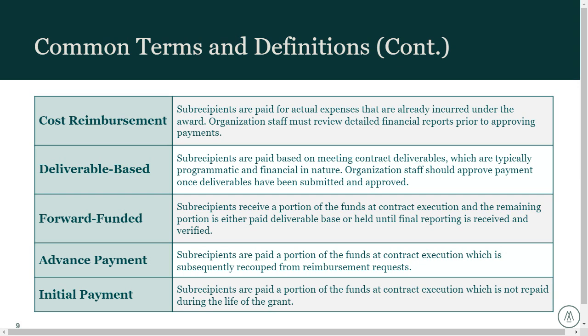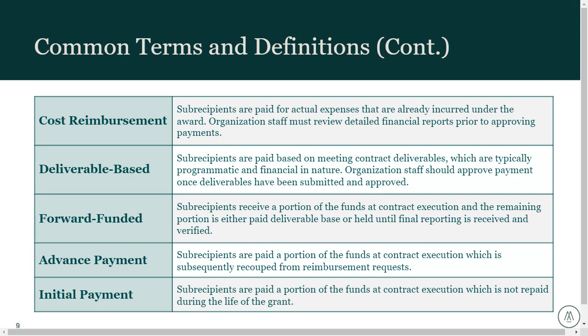A deliverable-based subrecipient agreement means that within that sub-agreement or within your prime agreement, you have contract deliverables that you're responsible for. Those are typically laid out on a pretty consistent timeline. Usually we see quarterly or progress and final deliverables that have both programmatic outcomes and reporting as well as financial reporting included.